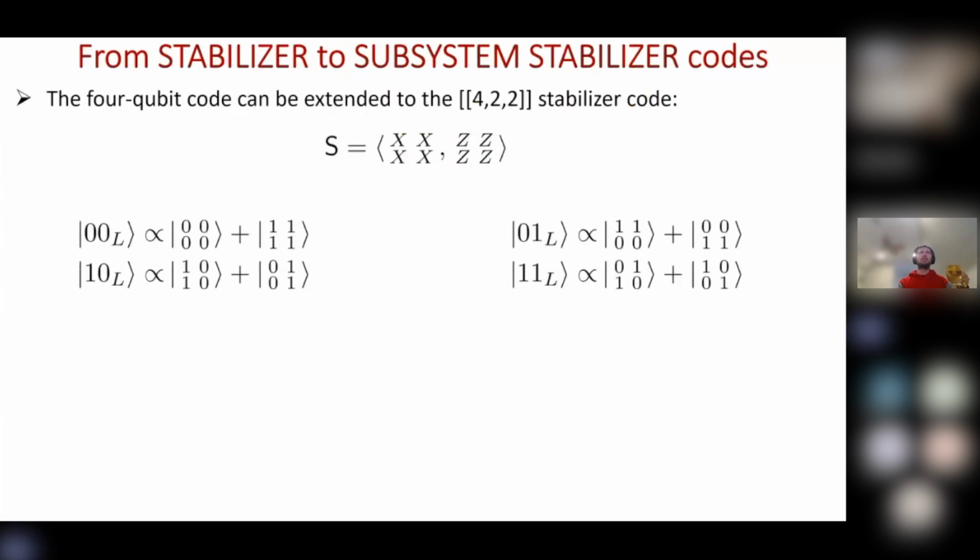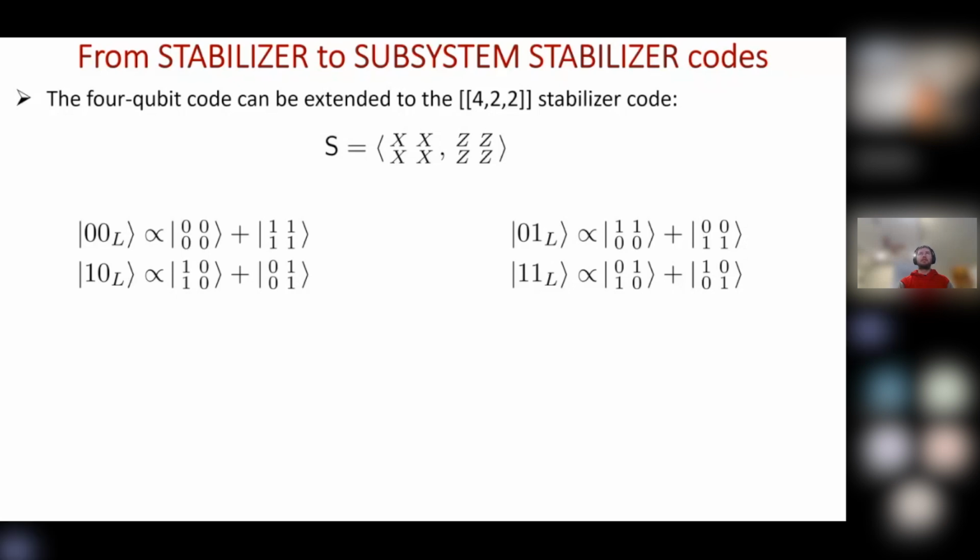So a subsystem code that we can easily study is the one that arises from the 422 code. And that one, the 422 code, just to remind you, is a slight extension of the 412 code.